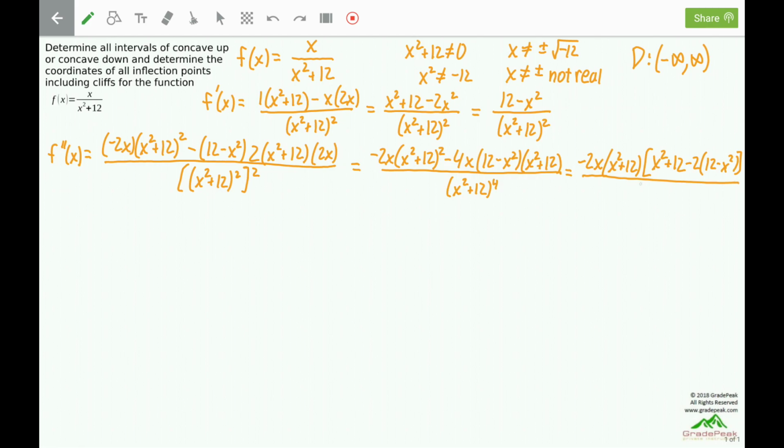This entire thing is over x squared plus 12 to the 4th power. Now we just factored out an x squared plus 12, so we can cancel down. It's to the power 1, so we can cancel one of them out with one of them in the denominator, which will leave 3 of them in the denominator.